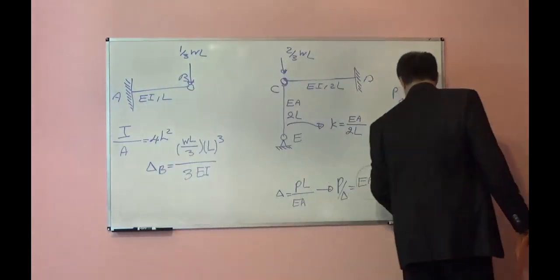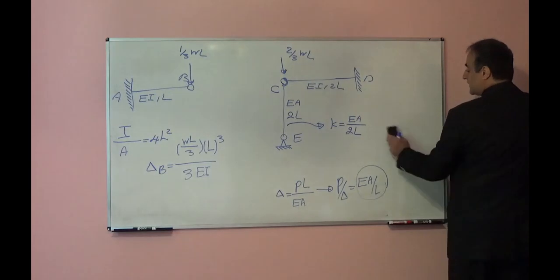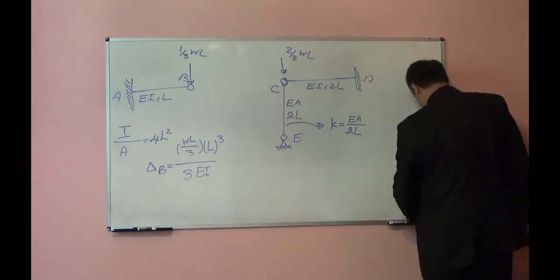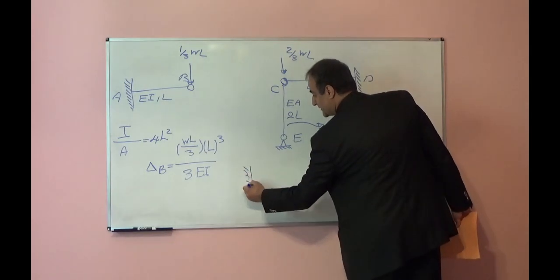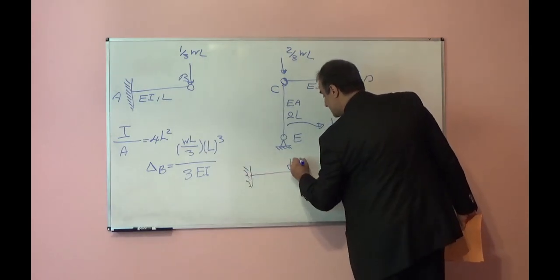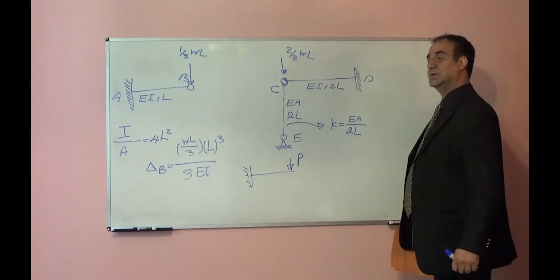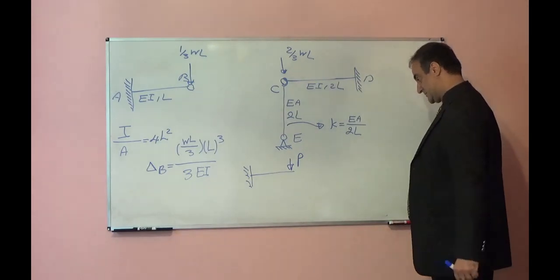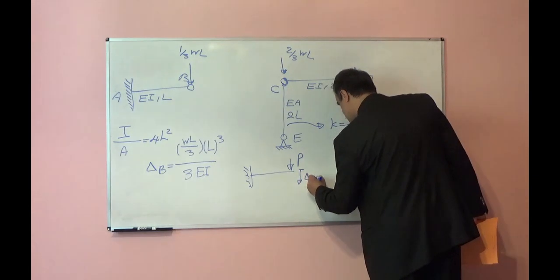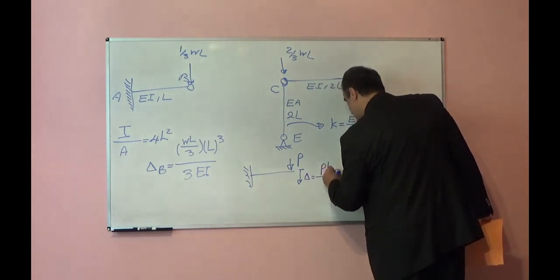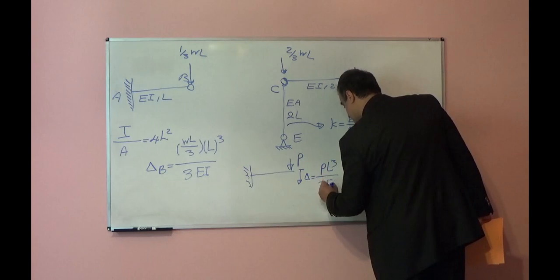How about stiffness for one cantilever beam? Let's look at one cantilever beam. If we have a cantilever beam subjected to a concentrated load at the free end, the delta we calculated several times will be equal to PL cube over 3EI.